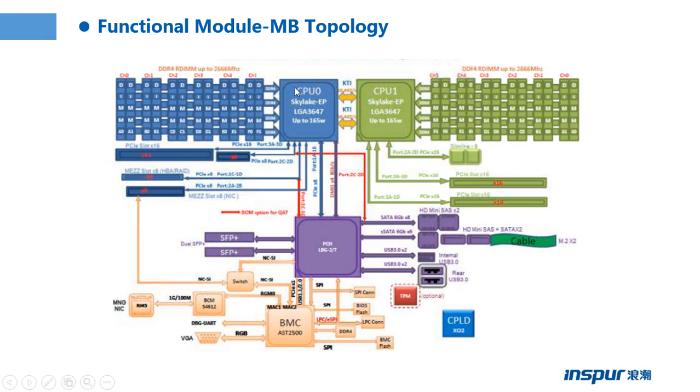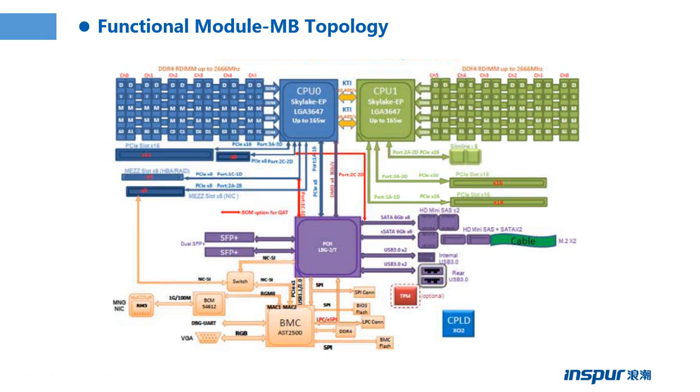Each CPU has 6 channels. Every channel has 2 DIMMs, DIMM 0 and DIMM 1. So each CPU can support 12 memories.